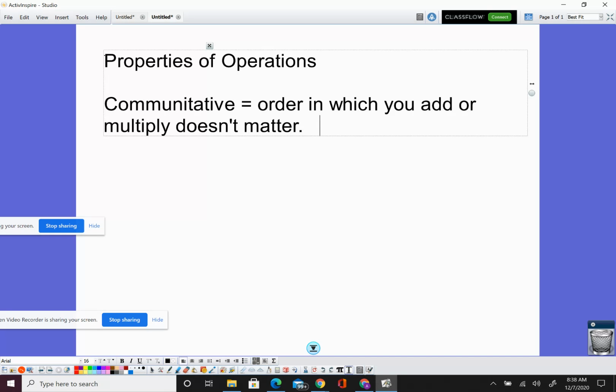So some examples of that, I can do 3 plus 4, and that's the same thing as 4 plus 3. And in multiplication, I can do 3 times 5 or 5 times 3. So that's the commutative property, and they will break it down to commutative property of addition and commutative property of multiplication.